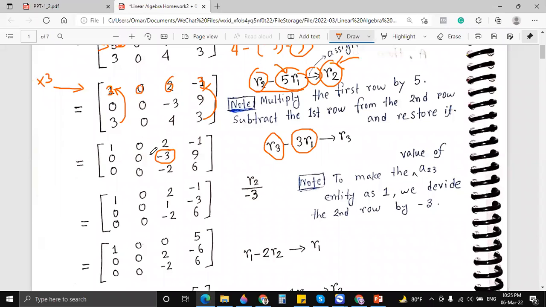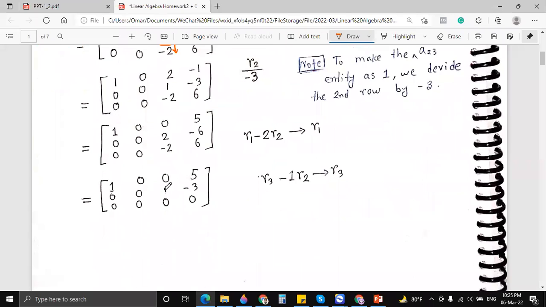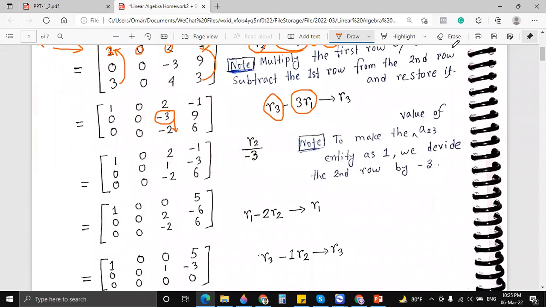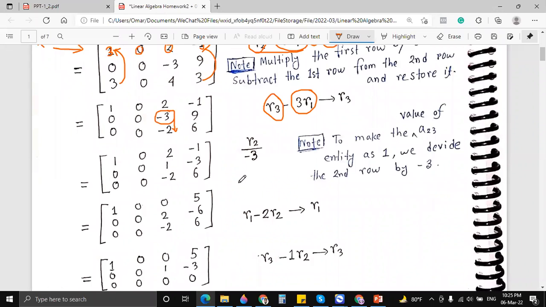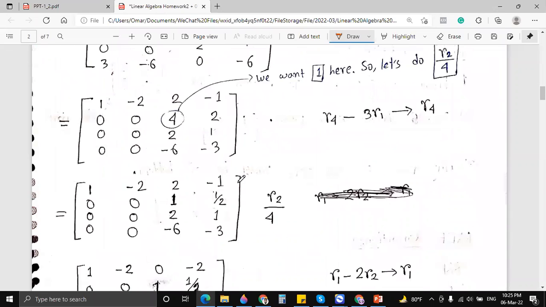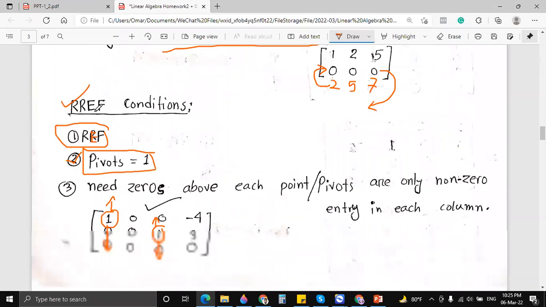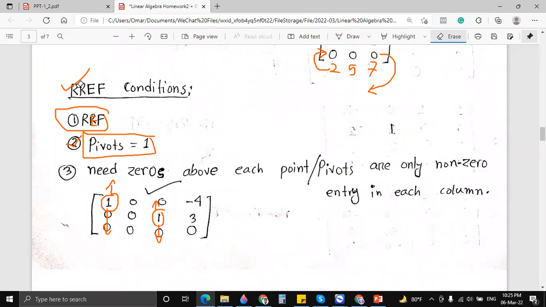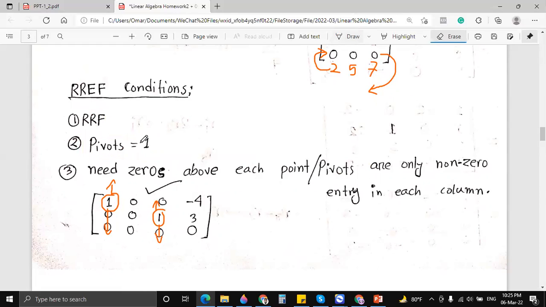So we got our second pivot point. Now we want all the numbers below this pivot point to be 0. But also, we need to make all the pivot points 1, because in reduced row echelon form, our pivots need to be 1.